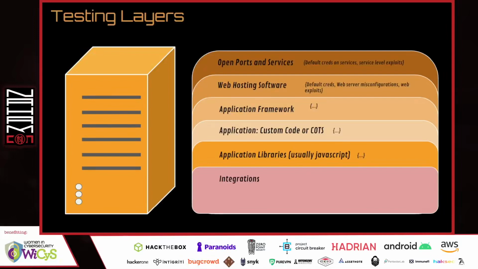Then you have your application framework, which also has the same stuff as above, right? You have an application framework that possibly has a login to administer something, or it has a configuration file that you might have misconfigured or left world readable, and it can also have bugs associated to the application framework. And then you have your custom code.